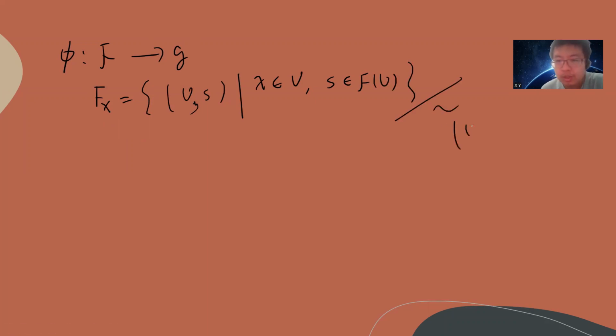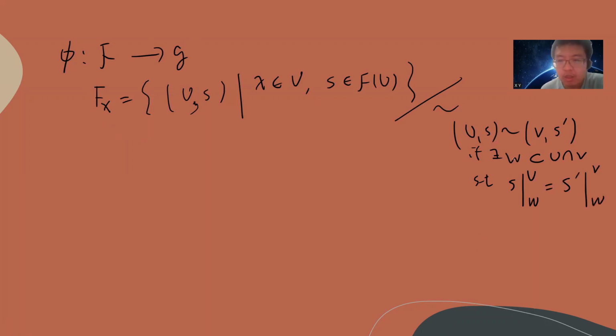This relation says that (U, s) is the same as (V, s') if there is an open subset W contained in the intersection of U and V such that s restricted from U to W is the same as s' restricted from V to W. Some people denote the restriction map by r_UW. So what is the natural induced map from F_x to G_x?